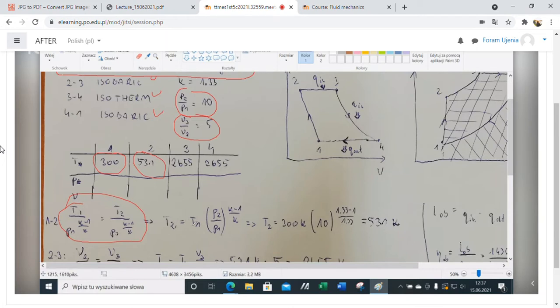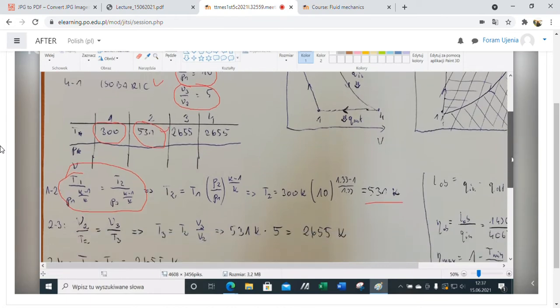Yes, it is temperature at 1, P2 to P1, to the power kappa minus 1 to kappa. Finally, the temperature at nodal point number 2 is 531 Kelvin. Okay, we know that.